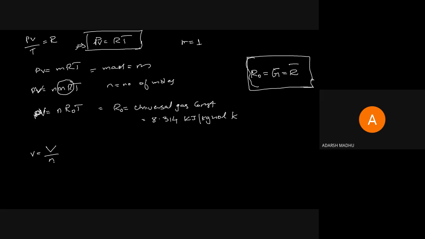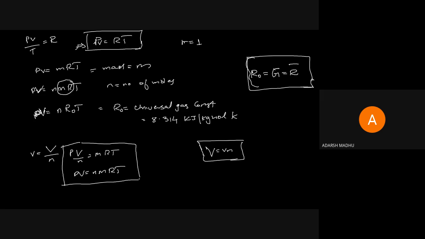That is V equal to v into N, total volume equal to specific volume into number of moles. So substituting for small v in the equation, we can write P into V by N equal to MRT, that is PV equal to NMRT.